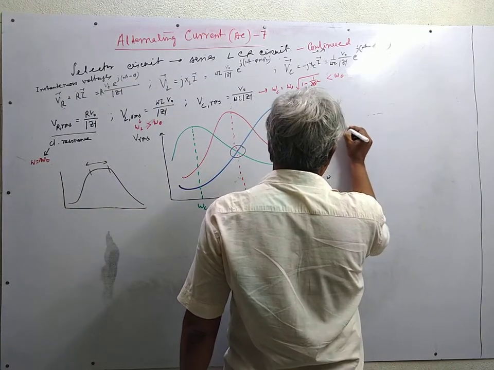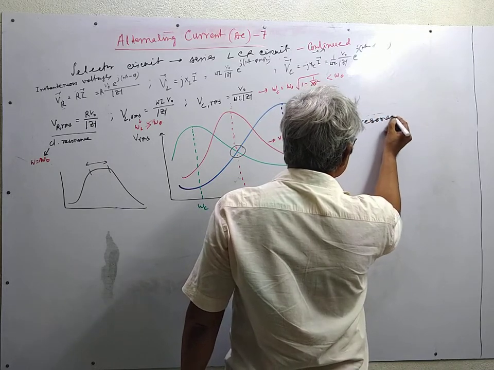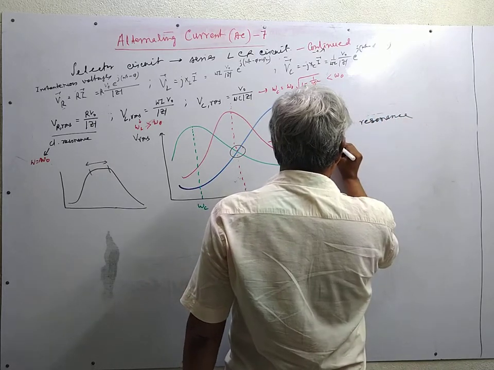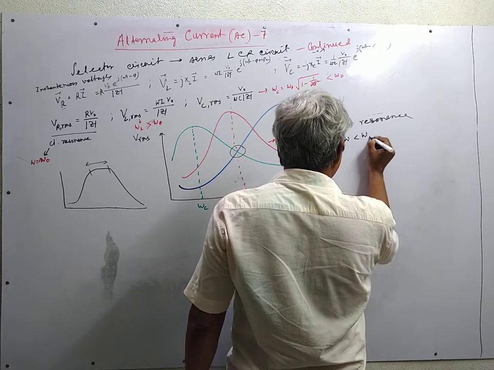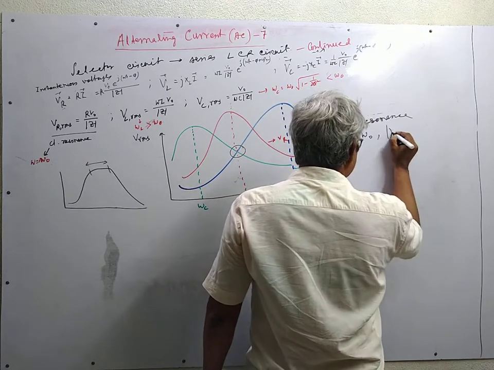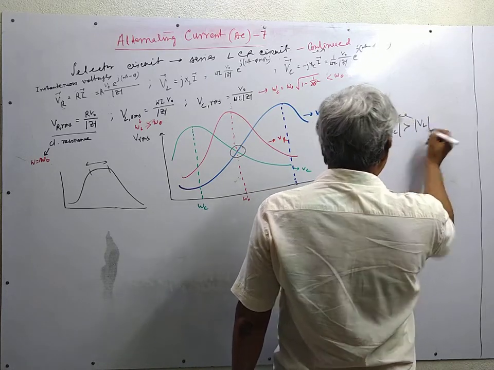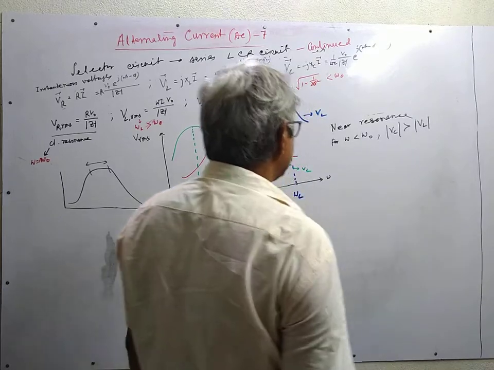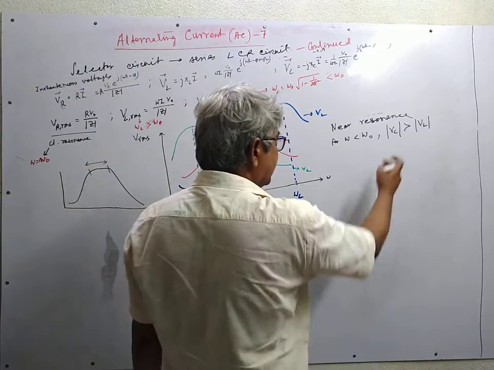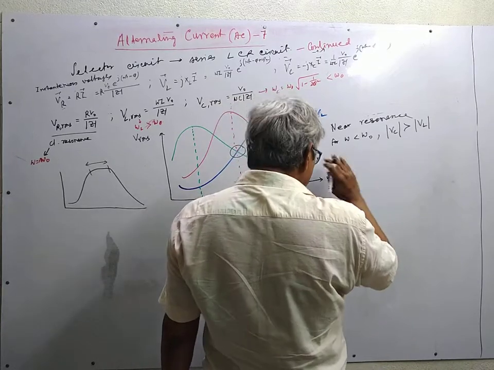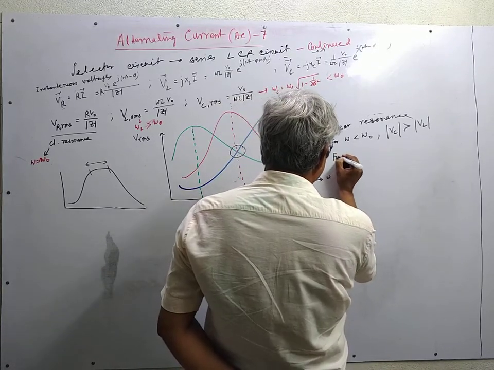This discussion is valid near resonance. For omega less than omega 0, VC is greater than VL. So from relative measurements of the RMS voltages, if you find that VC is higher than VL, then the frequency is lower than the resonance frequency.